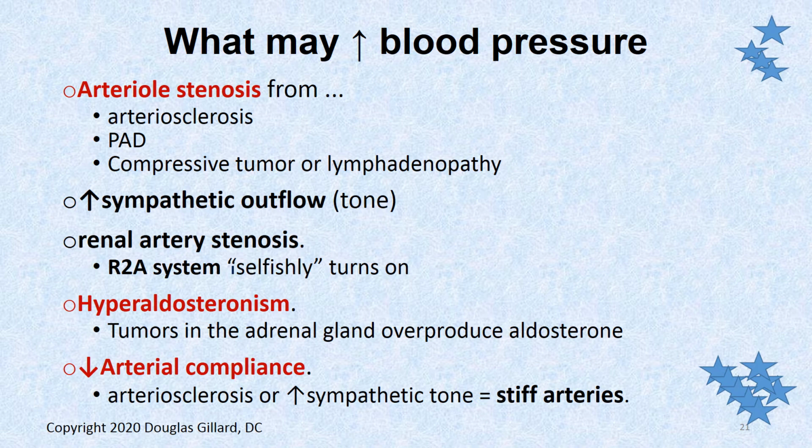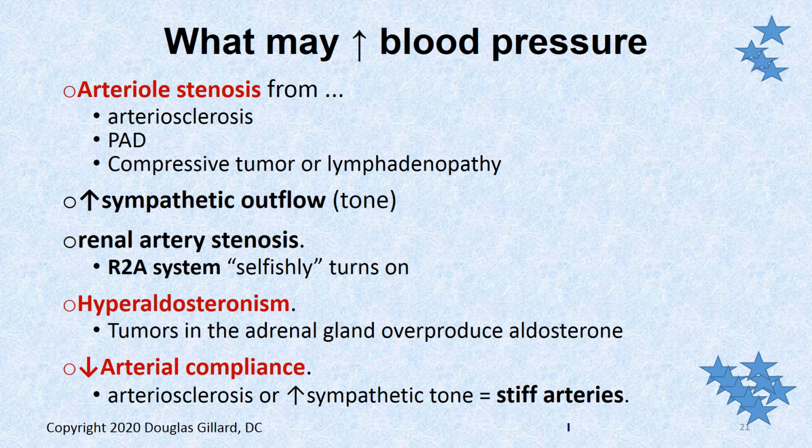Renal artery stenosis. So if you have the renal artery tumored, or if you have atherosclerosis in it, and it's causing downstream ischemia, or not letting good blood flow down to the kidney, the RAAS system will turn on and you have hypertension. Hyperaldosteronism, you guys are experts on that. Decreased arterial compliance, basically you lose that stretchiness of the arteries.